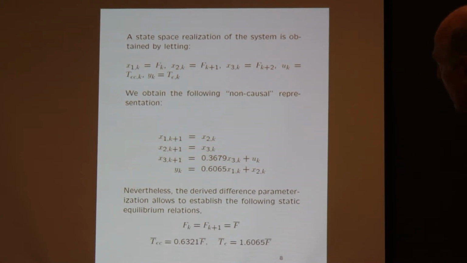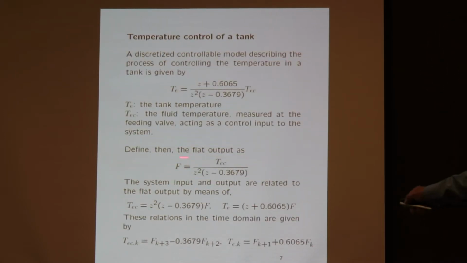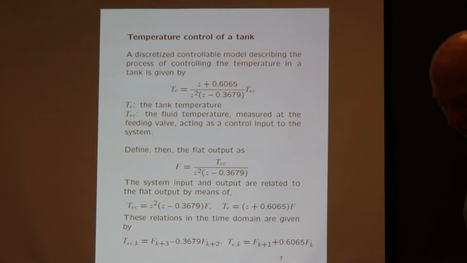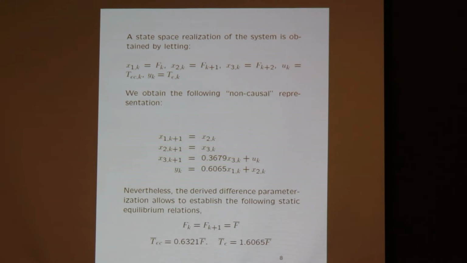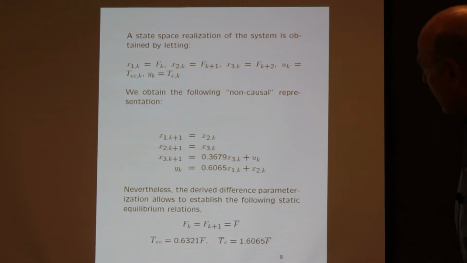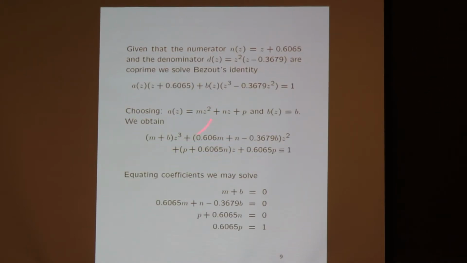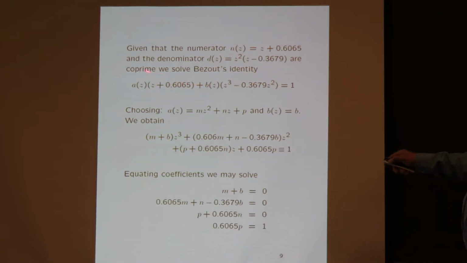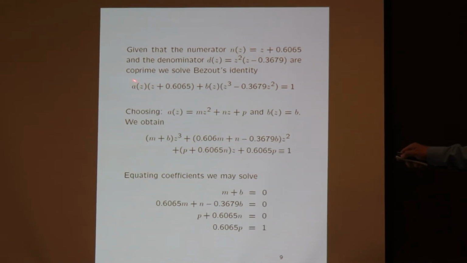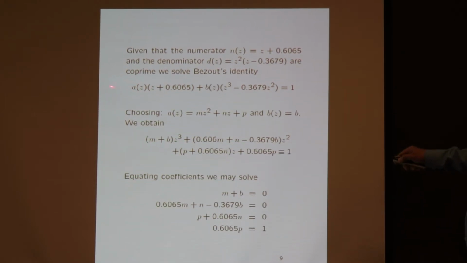Okay, the flat output, we haven't computed it yet, but the representation of the dynamics of the flat output in terms of the input is this, only that it will be a function of the inputs and the outputs, and we will do that in the next slide. So because of the Bezout identity, you have the numerator and the denominator, then there must exist, because the system is controllable, two polynomials that can be multiplied by the numerator and the denominator and obtain 1.